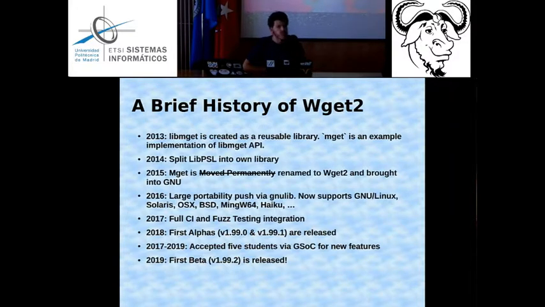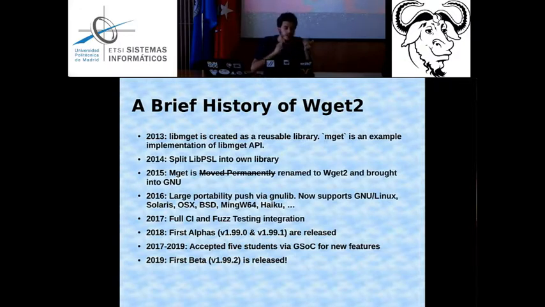Well, we're going to see a brief history of WGET2. It was started as a library in 2013 by Tim, who is sitting there. And mget was just an example implementation of a command line tool using the API of libmget.